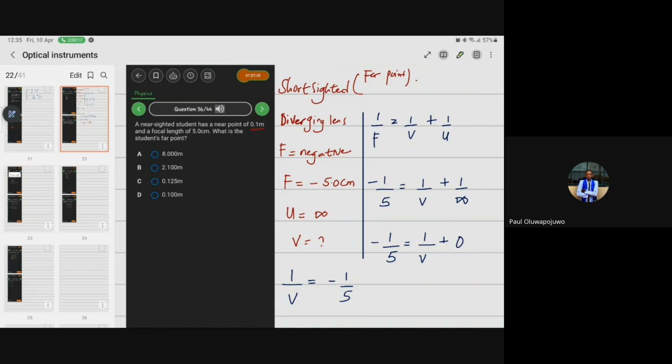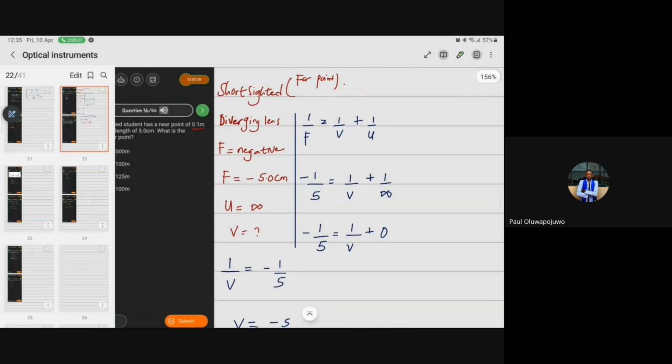What is today's far point? Oh, wait, guys. Let me observe something, please. So 1 over minus 5 is equal to, now they say, what is the student's far point, right? They said he has a near point of 0.1.